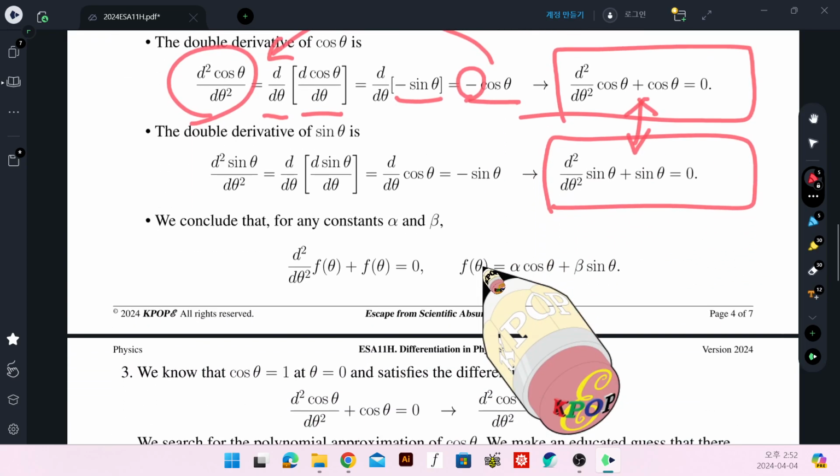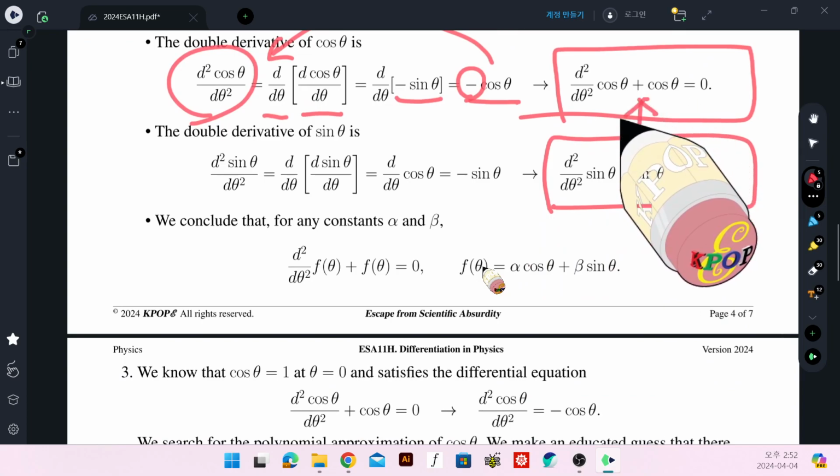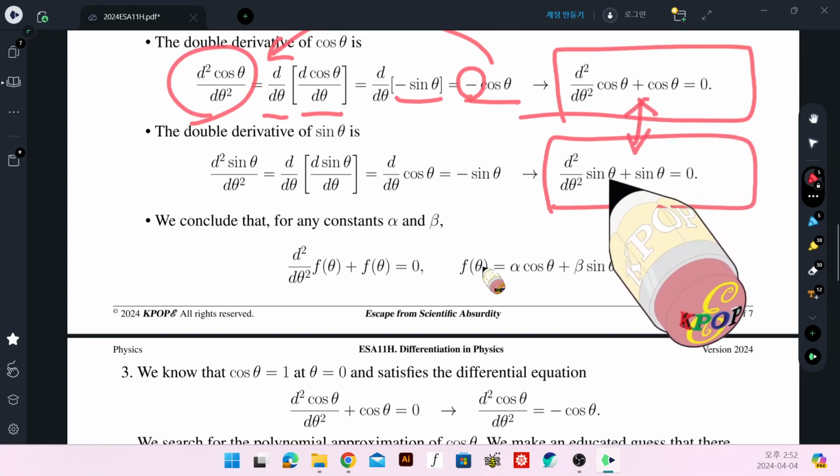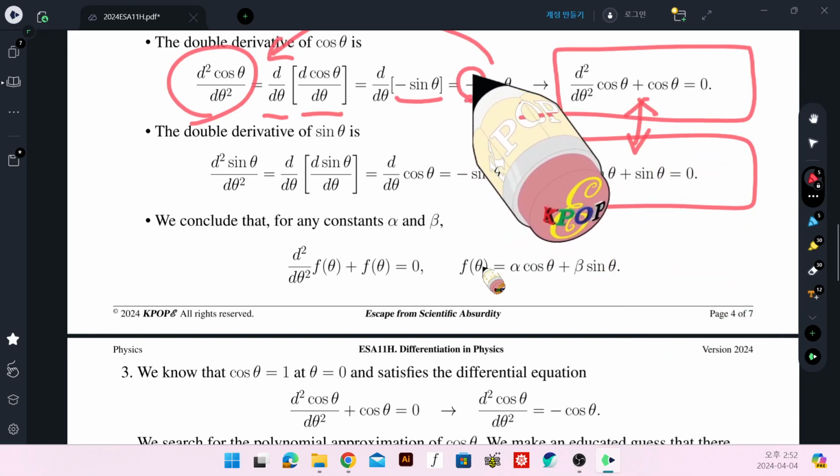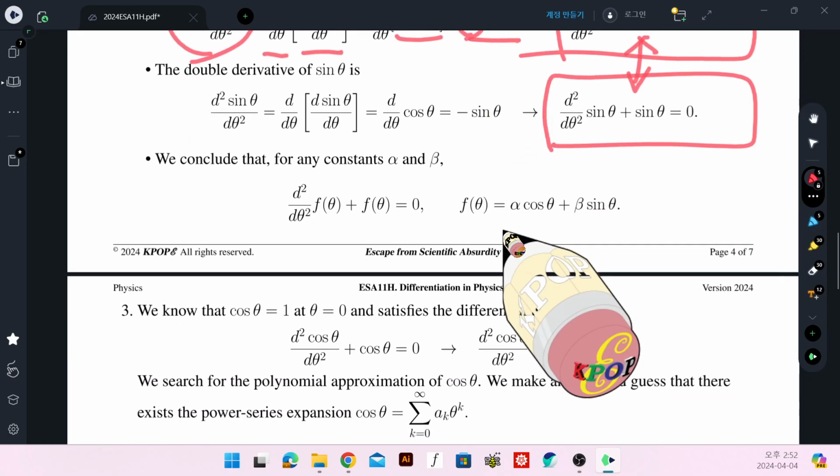So the second-order derivative of either sine or cosine is identical to the original function except for the sign difference.